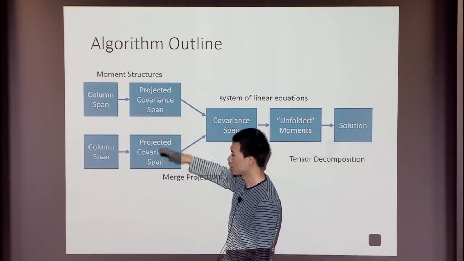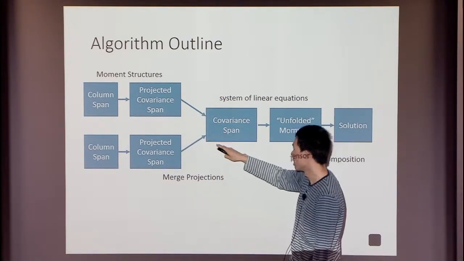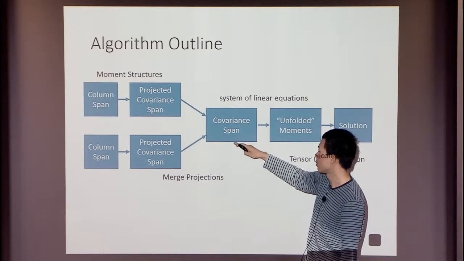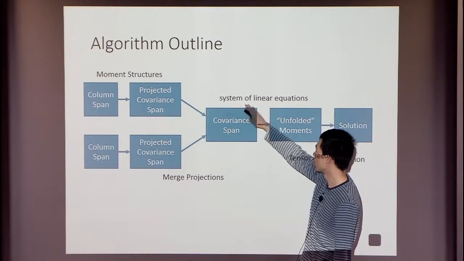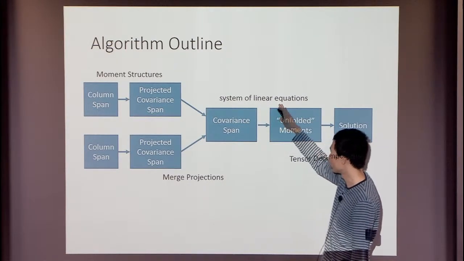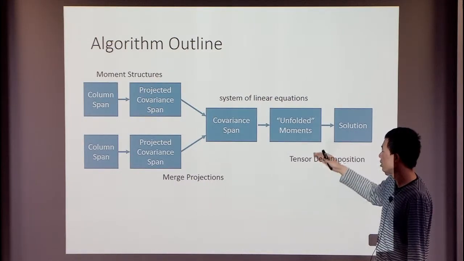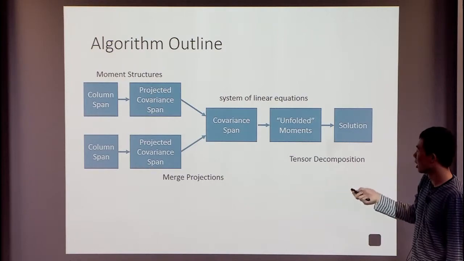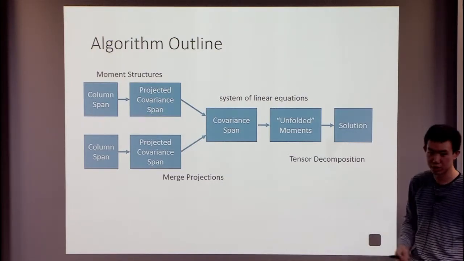We get this for two different subspaces, and then we merge the result to get the span of the covariance matrix. Now we can reduce the number of variables and solve systems of linear equations to get the unfolded moments. And once we have the unfolded moments, we can apply the tensor decomposition algorithm as in the previous talk to get the solution.